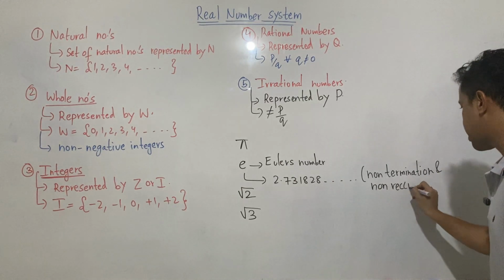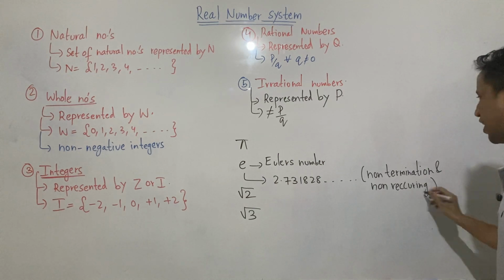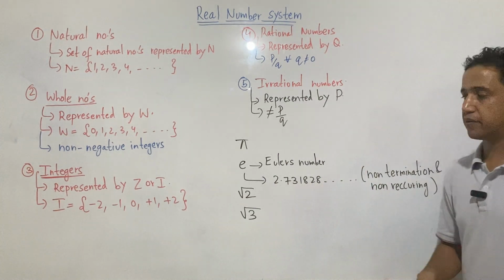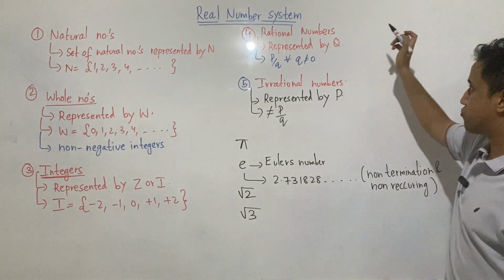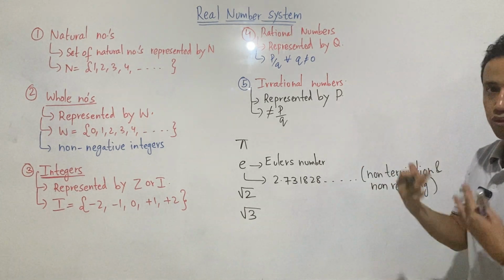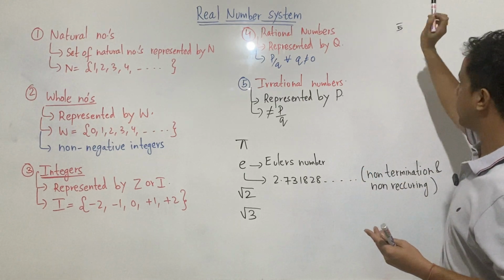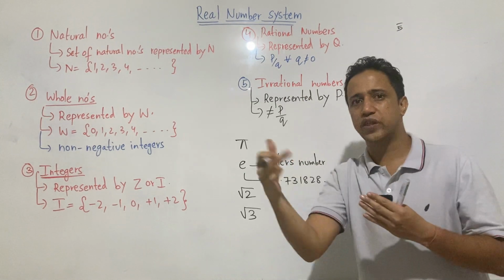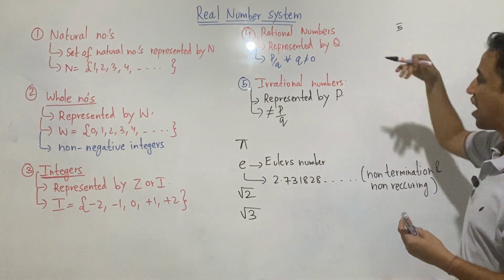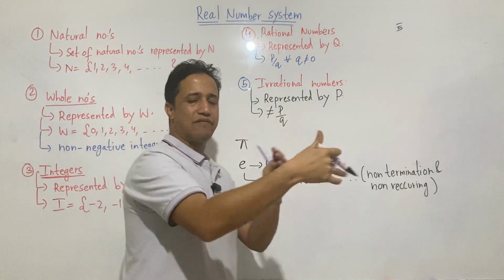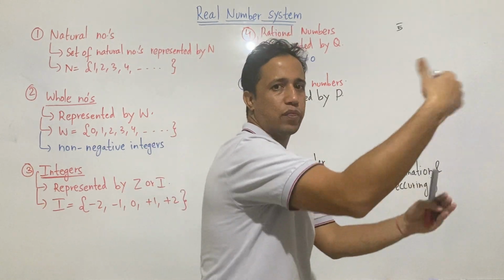Non-recurring means that you cannot deduce any pattern after the decimals. Before, you remember in rational numbers, when we spoke about non-termination and recurring, we put a bar on the 5, meaning that we know there is a pattern, that this 5 keeps on repeating itself, or it could be 137 137 137.